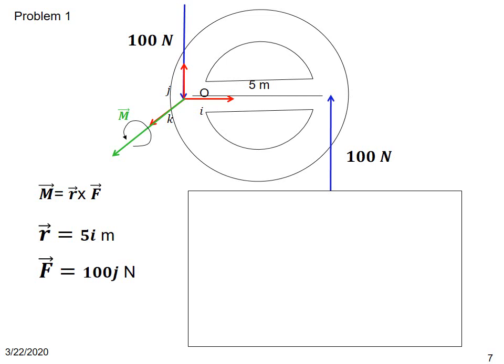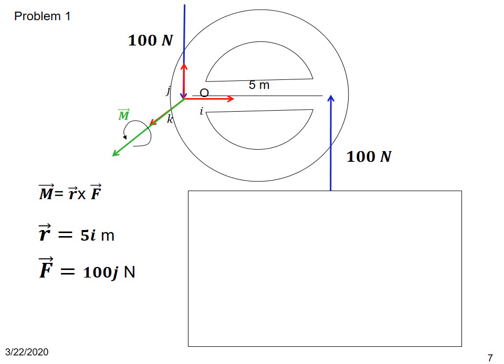The points of application of both forces are separated by a distance of 5 meters in this case. And we fix a coordinate reference I, J, and K as indicated.